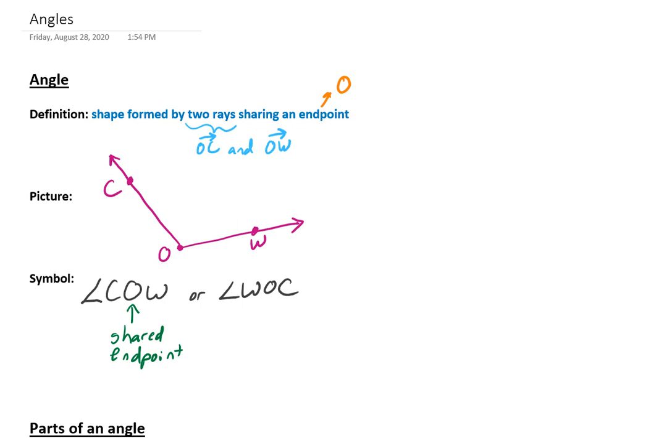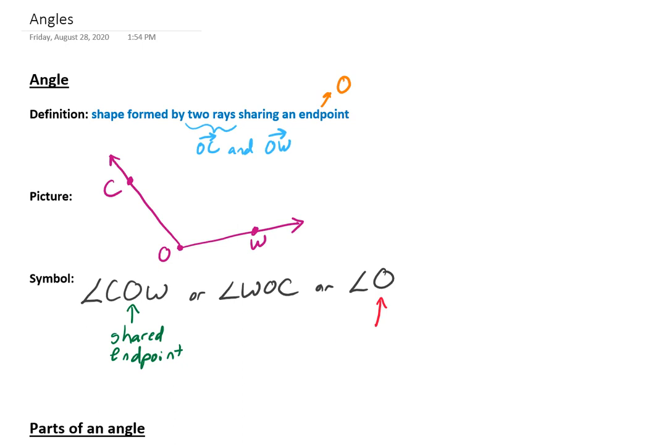Sometimes we can name an angle with just 1 point, the shared endpoint. So I could have called this angle O. I have to be careful with this one. I would not recommend doing this one often, at least initially, until you get a little more comfortable with geometry. You will later this year be perfectly comfortable at that point, but right now, this can cause confusion.